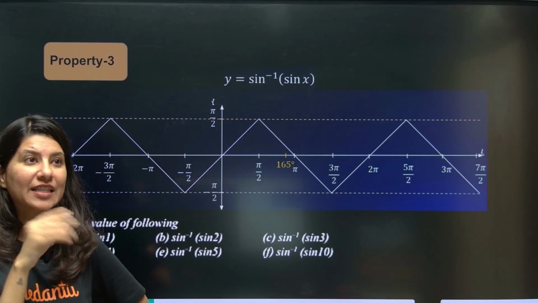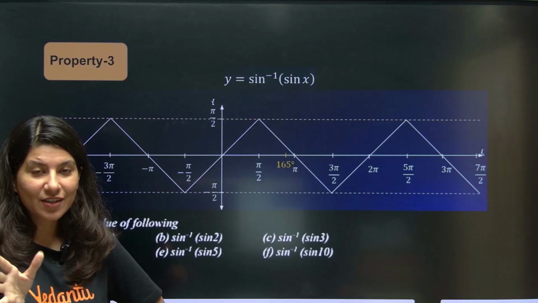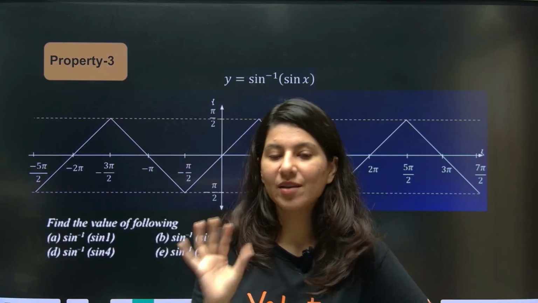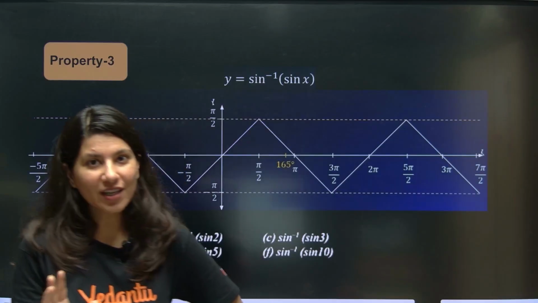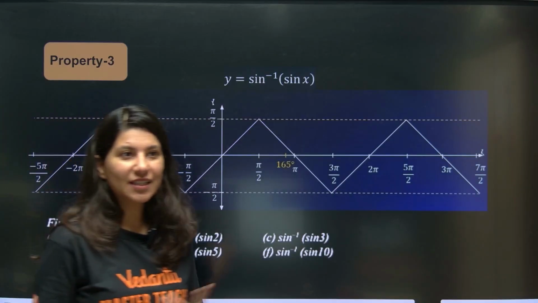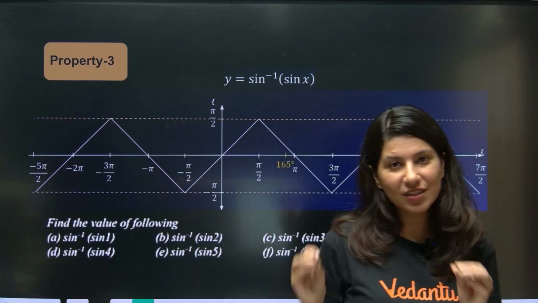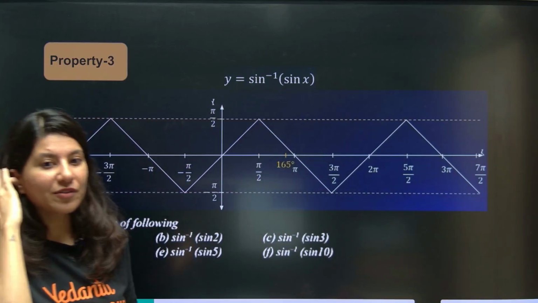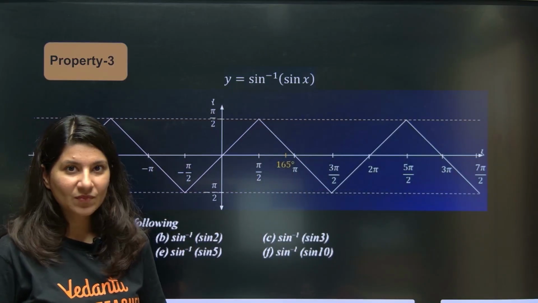Now you have to study all the graphs, all 6 graphs. Property number 3 is a time-taking thing. I think we will need 20 minutes to finish this one property, and then 10 minutes to solve the questions. Okay, ready?